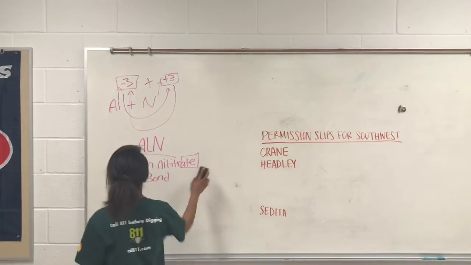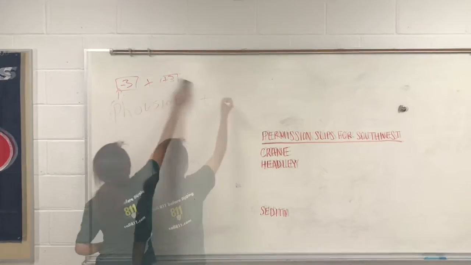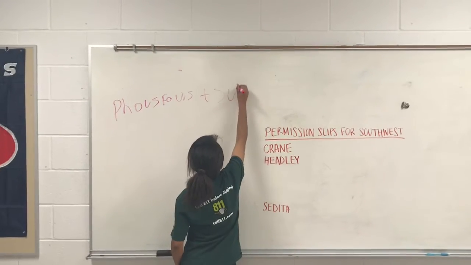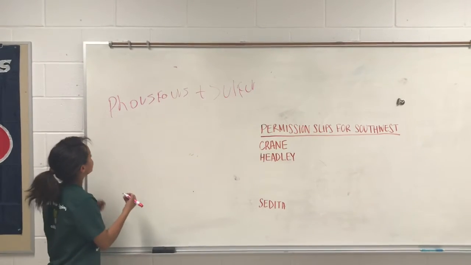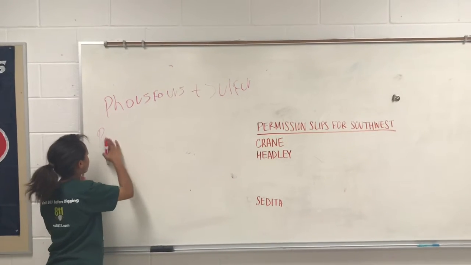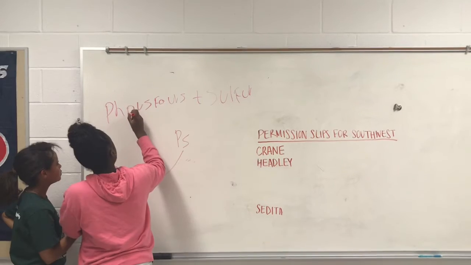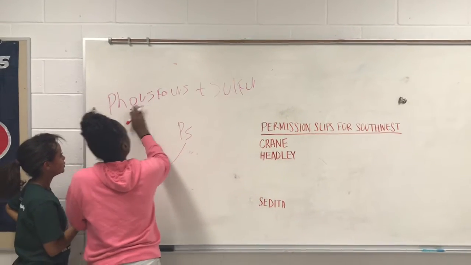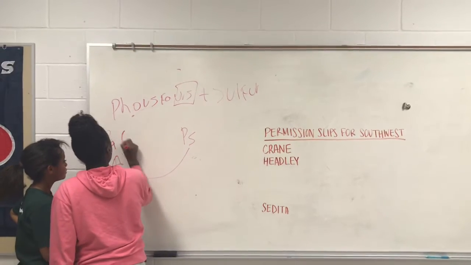Hello guys, I'm gonna show you phosphorus plus sulfur. So guys, phosphorus is P4, and then the oxygen bond, so it would be P4O2.